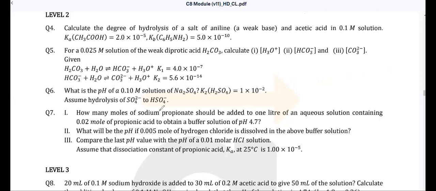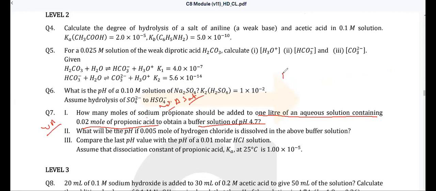Now, seventh one. How many moles of sodium propanoate, again a weak acid salt, should be added to 1 liter of aqueous solution containing 0.2 mole of propanoic acid, which is a weak acid, to obtain a buffer solution of pH 4.7?